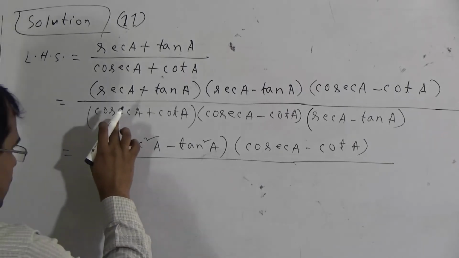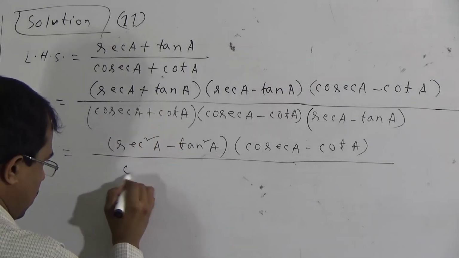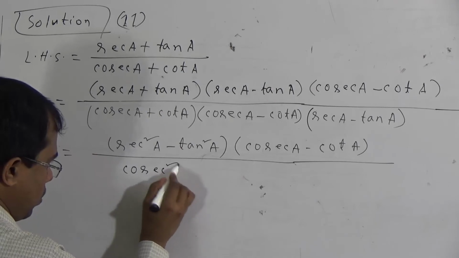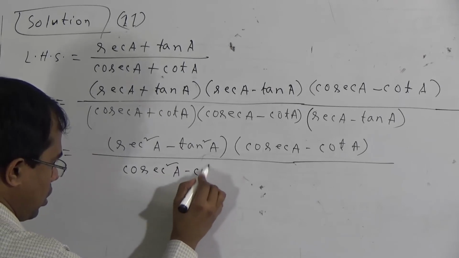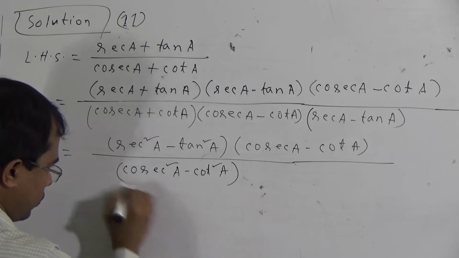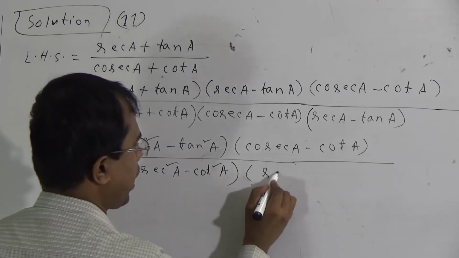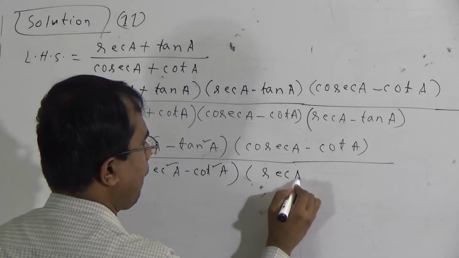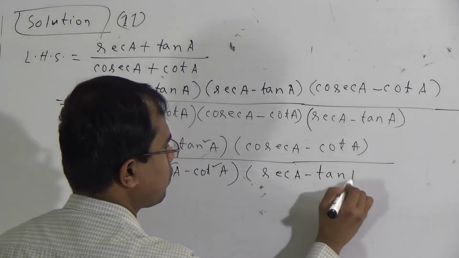Here we will write cosec square A minus cot square A. Cosec square A minus cot square A. Sec A minus tan A.